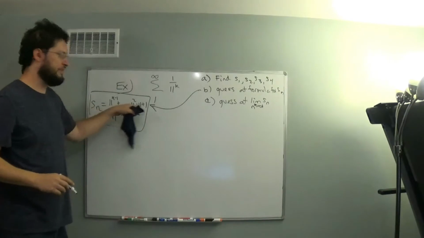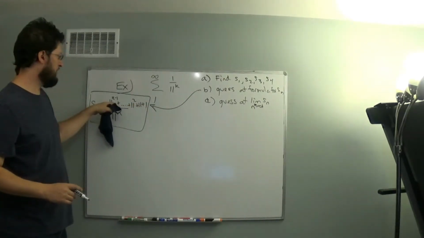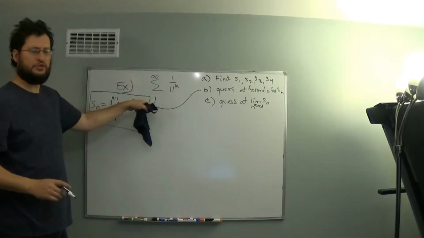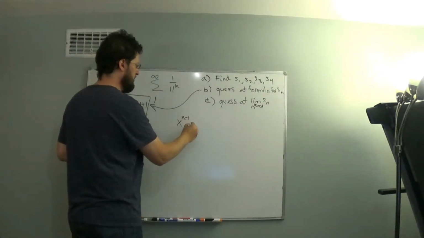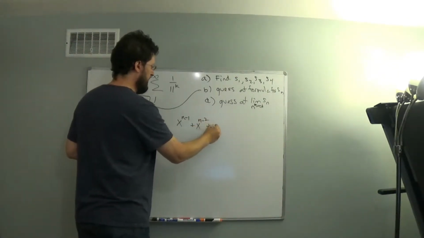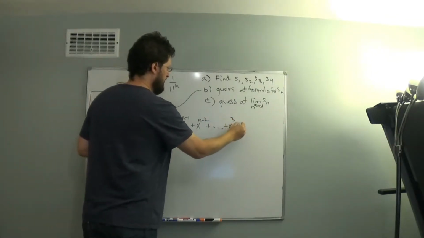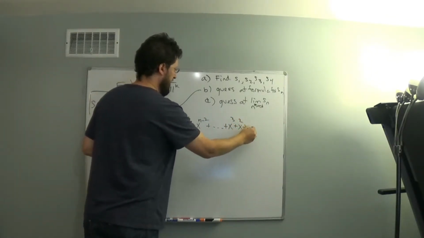We can think about this 11 to the n minus 1 all the way down to 1. I'm going to think about that as x to the n minus 1 plus x to the n minus 2 plus x cubed plus x squared plus x plus 1.